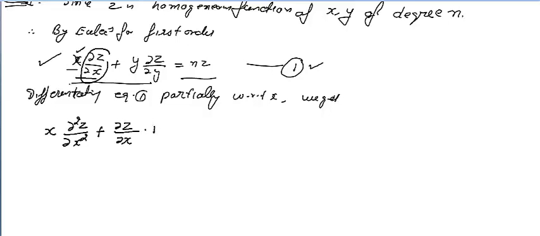So the first term we have differentiated with respect to x, plus now y is outside, derivative of z, the double derivative ∂²z/∂x∂y, because y is already there. Now you are differentiating with respect to x, correct? The derivative of y, when you differentiate with respect to x, y is constant, so this will be 0.